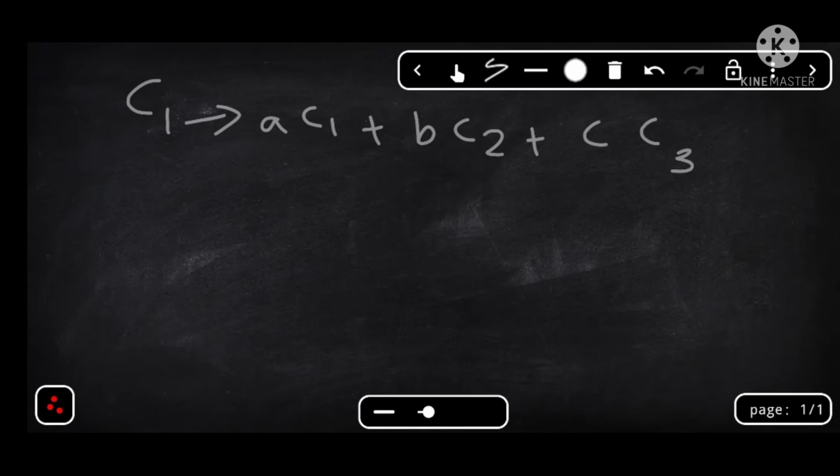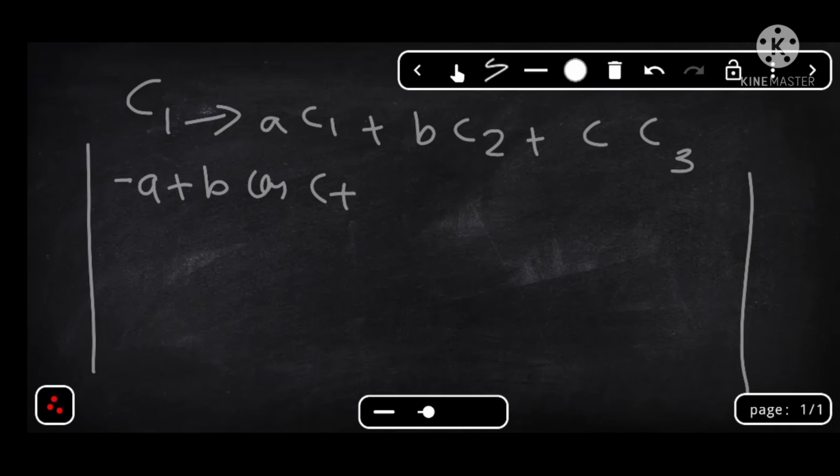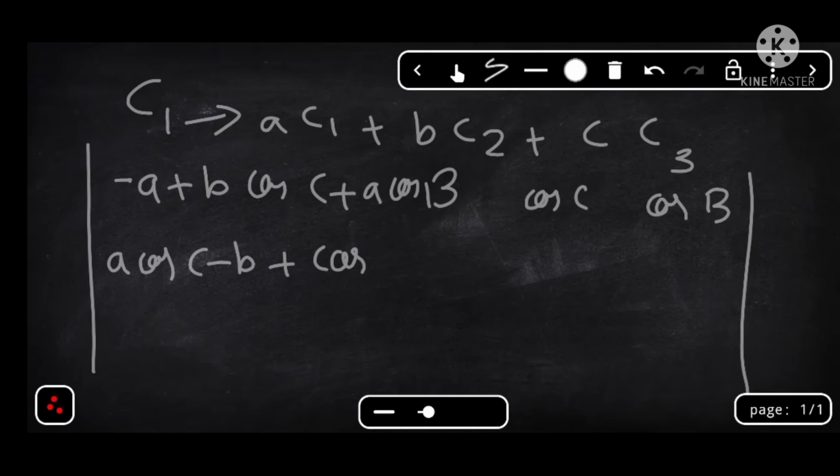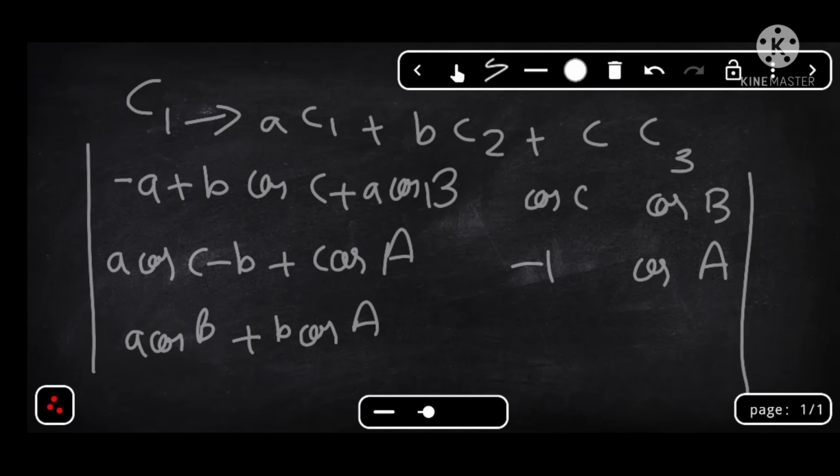So we'll get it as minus a plus b cos c plus a cos b, then cos c cos b, then a cos c minus b plus c cos a minus 1, cos A. Then A cos B plus B cos A minus C cos A minus 1.